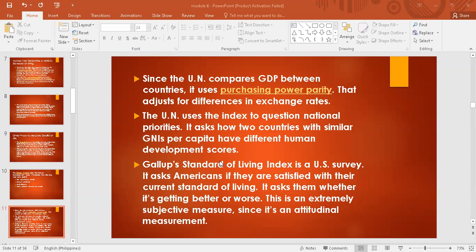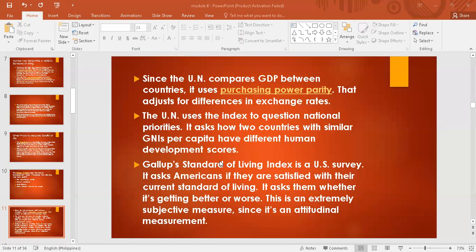Okay? So, ganun po. Ibig sabihin, sabi ni UN, hindi natin mapwedeng i-consider yung GDP alone. Kailangan sa PPP tayo mag-rely nung standard of living sa isang bansa. Okay? So, ito yung nag-a-adjust ng differences ng exchange rate.